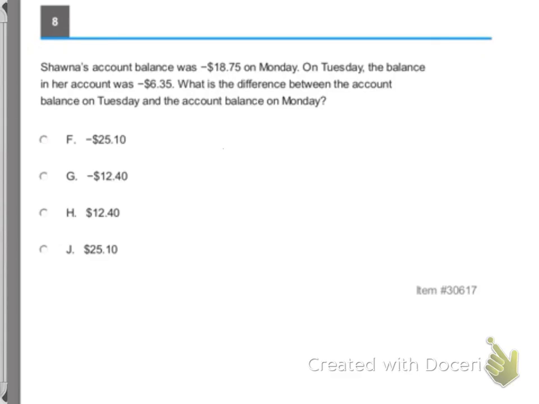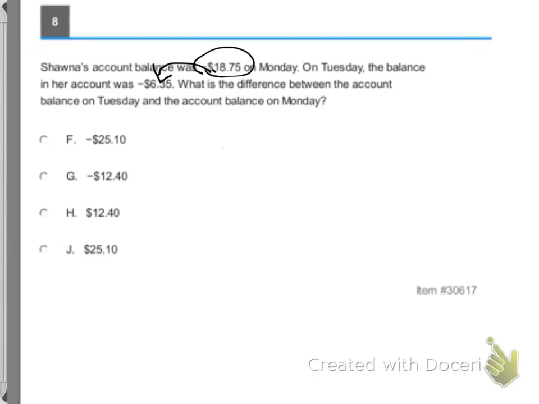All right, so I want to know the difference, so all I'm going to do is subtract. She starts at negative $18.75 and goes to negative $6.35.